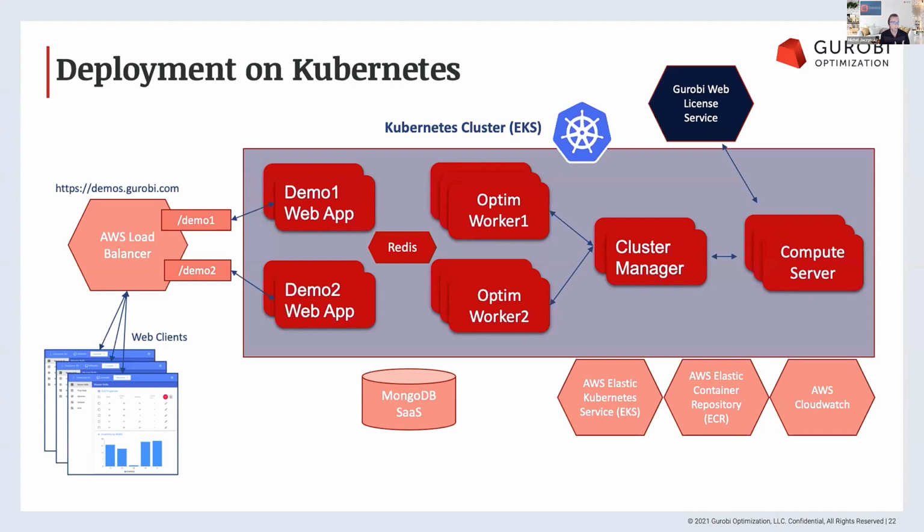When you click optimize, let's say, in one of the demos, this will store the data into the database. It will also send a message to our Redis queue, so that one of the optimization workers running and using Python will take the job, execute that optimization job, and return the results that you can then display.